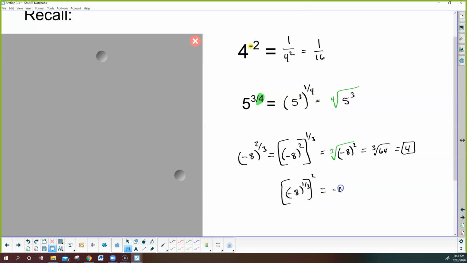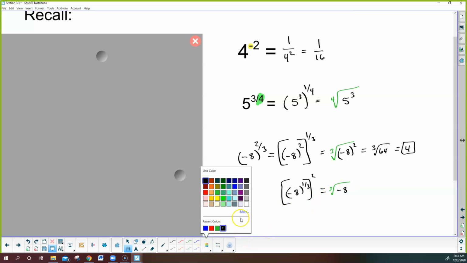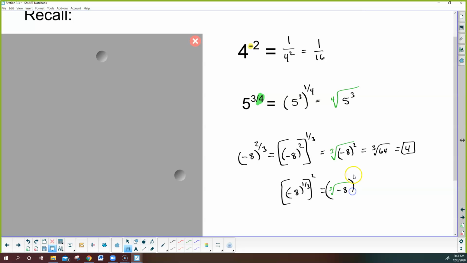Well, -8 to the 3rd power, or excuse me, 3rd root. I said that wrong. And then I want to square that answer. So I'm dealing with the inner part first. All right.